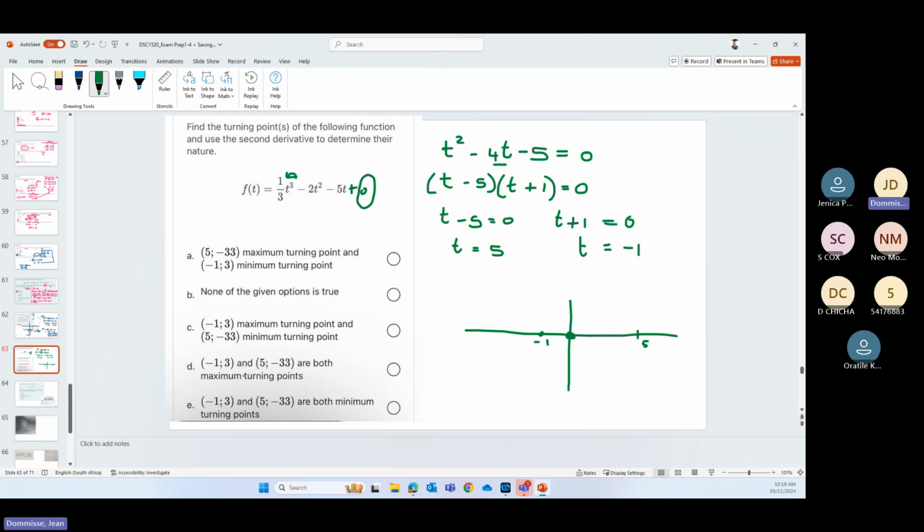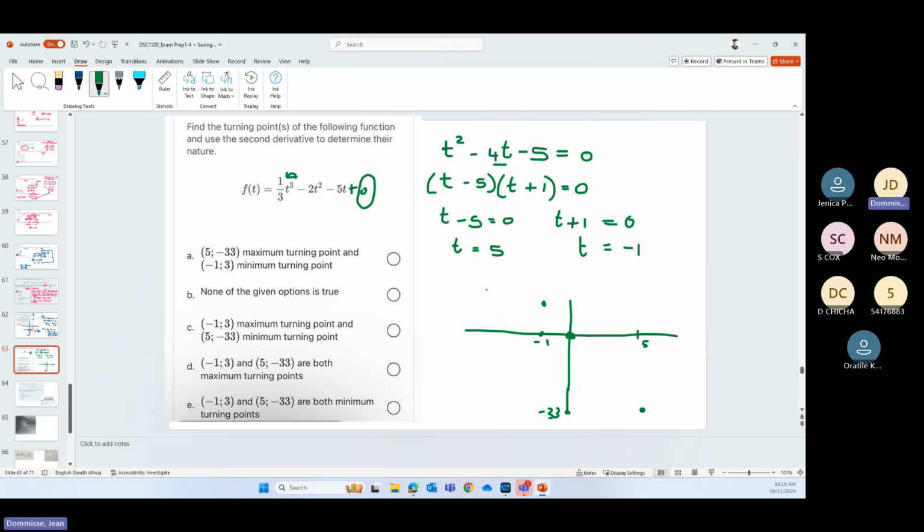They already give us all the points. If we needed to work it out, we would put 5 back into the equation, and you would get minus 33. So there's the minus 33, not on scale. Minus 1 with 3.